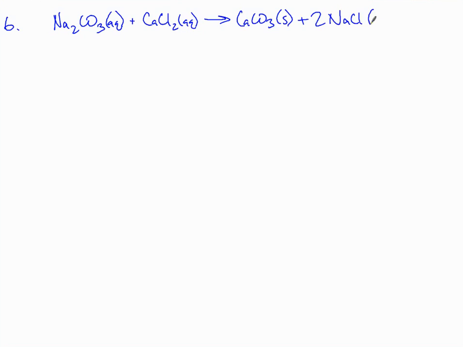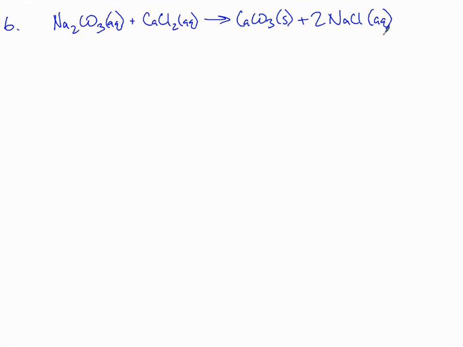So here we have the same reaction that we've been talking about for the whole day. Sodium carbonate plus calcium chloride yields calcium carbonate, which is a solid, and then you end up with 2 sodium chlorides, which are still aqueous. You've got this part typed in.